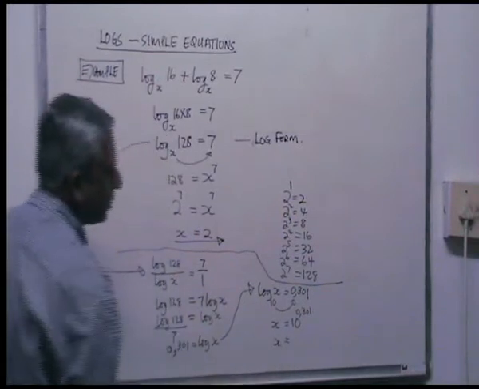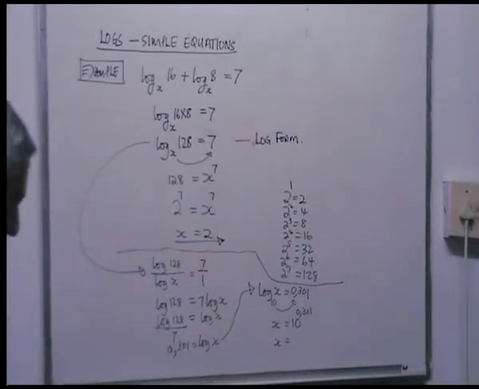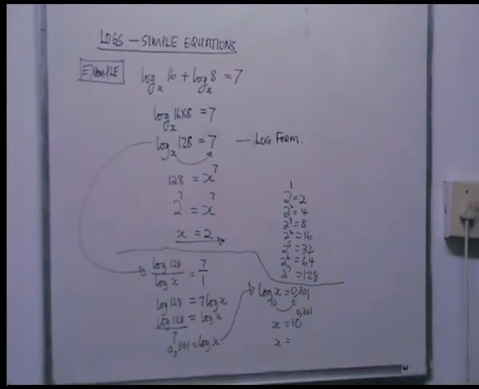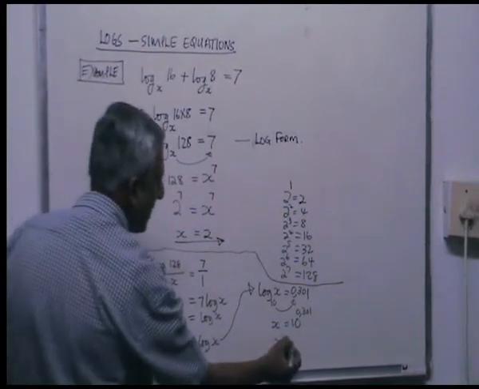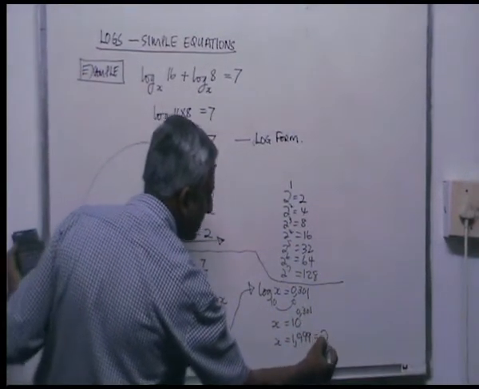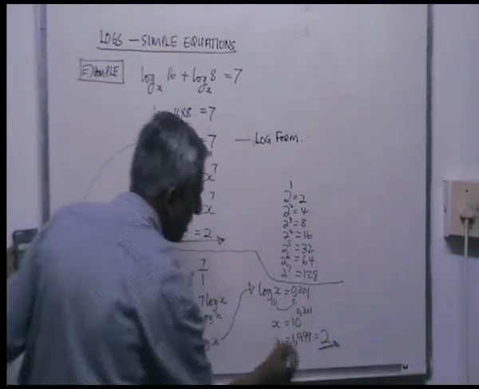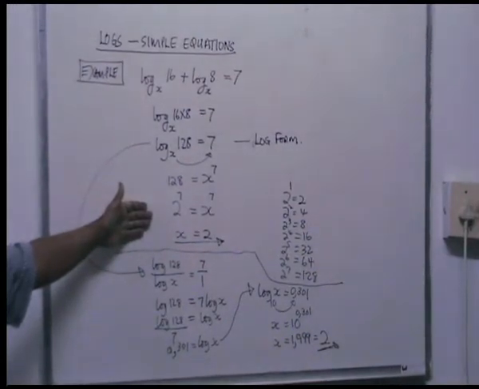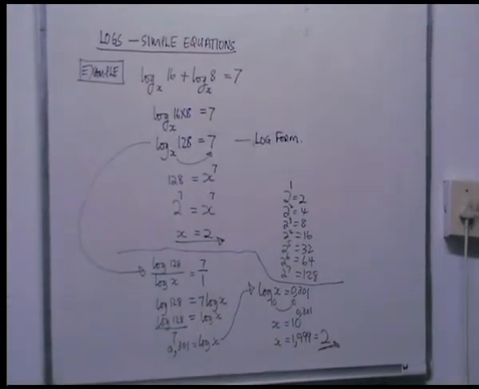So x is equal to, now you put that in your calculator, depending on your calculator, 10 to the power 0.301 is equal to, and you're getting 1,99999, and if you round that off, it's going to be 2. So that's the other way. You got a choice. Know your power tables, or you can go like that. Right? So you got two choices.